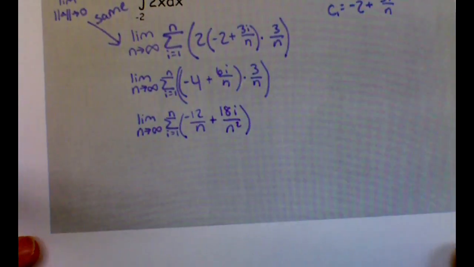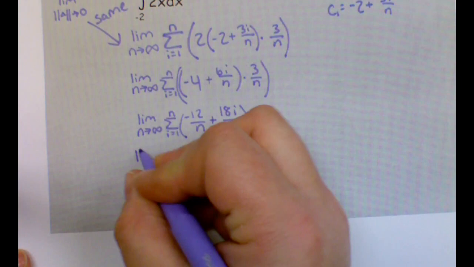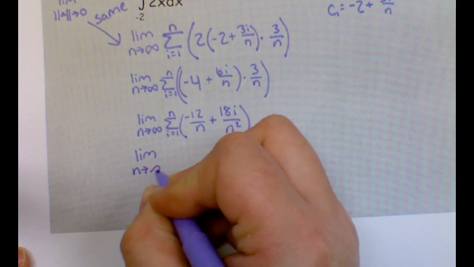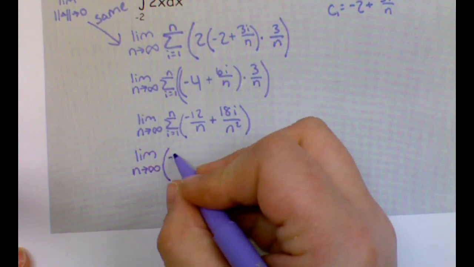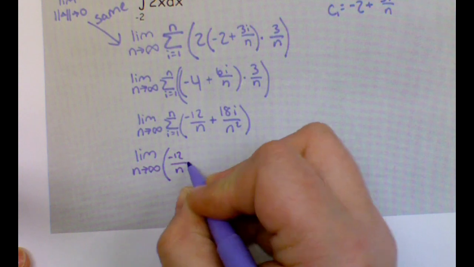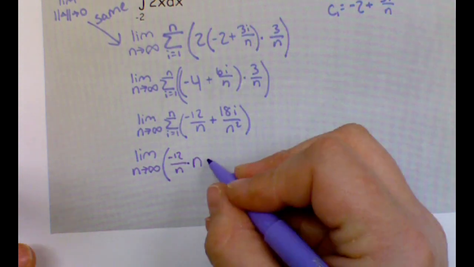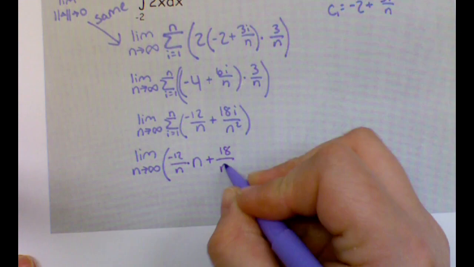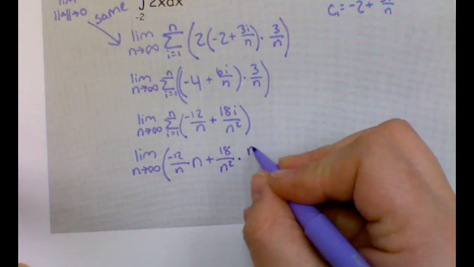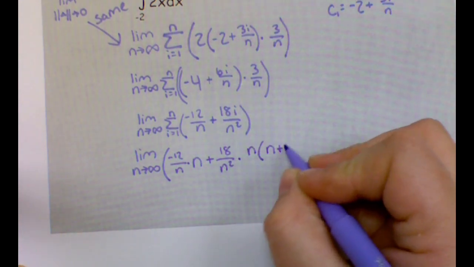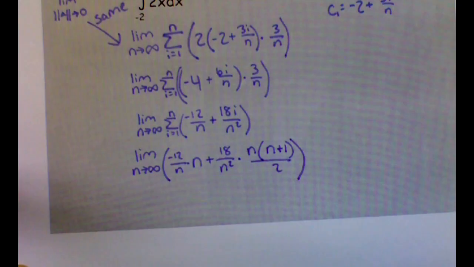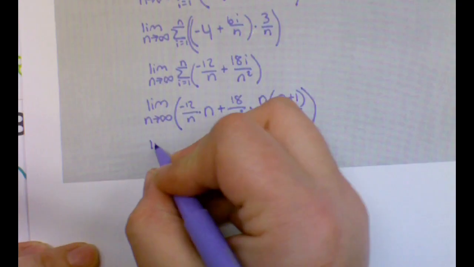So when we take this, we rewrite the sum. We have the limit as n approaches infinity of negative 12 over n times n plus 18 over n squared times n plus 1 over 2. Simplify a bit.